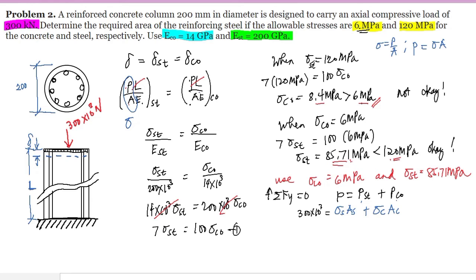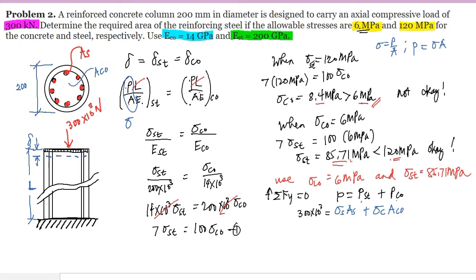So we can see here, these are our steel bars. So if those are the steel bars, we denote all of these as the area of the steel. This is the area of the concrete.